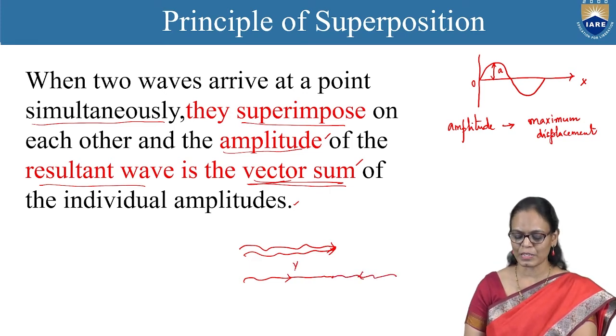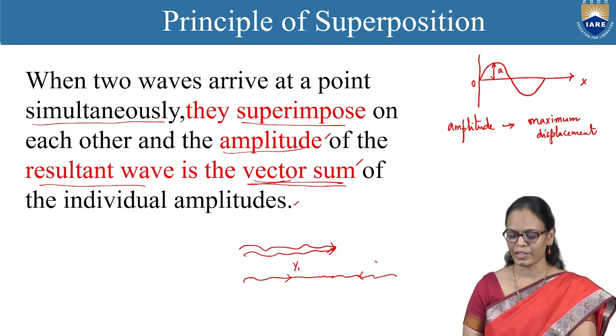So if the displacement of this is y1 and the displacement of this is y2, the resultant will be the vector sum of the two displacements here. If I take y1, that is in the positive x direction, as plus y1, the one which is going in the negative direction, I'll take it as minus y2.